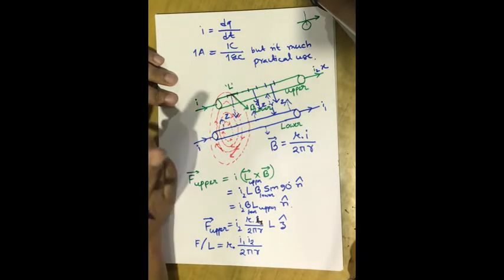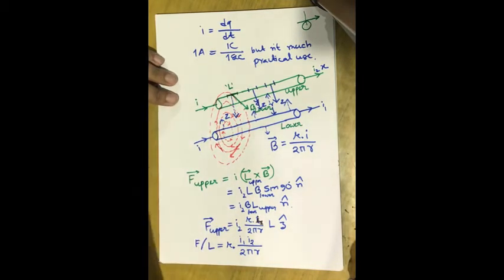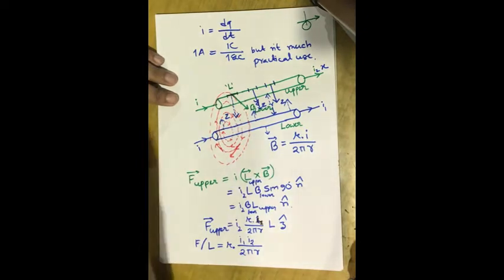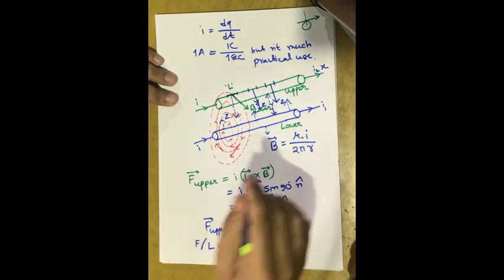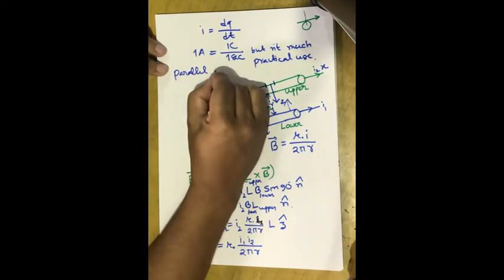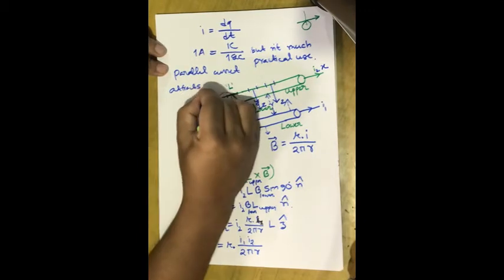One can say that if two conductors carry current in the same direction, then the two wires will attract each other. So basically in the book you will find that parallel currents attract each other.